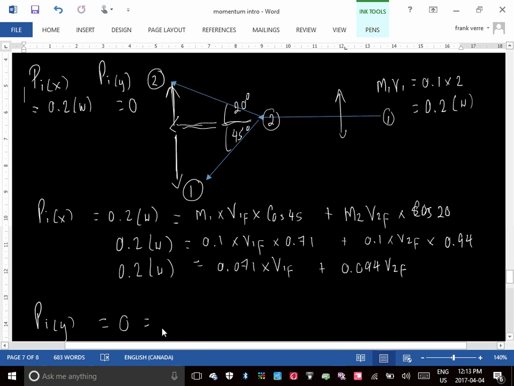So we could say that ball 1 times its final speed times the sine of 20 minus, because we're going to add, but it's adding a negative vector, minus the second ball times v2f times the sine of its angle.